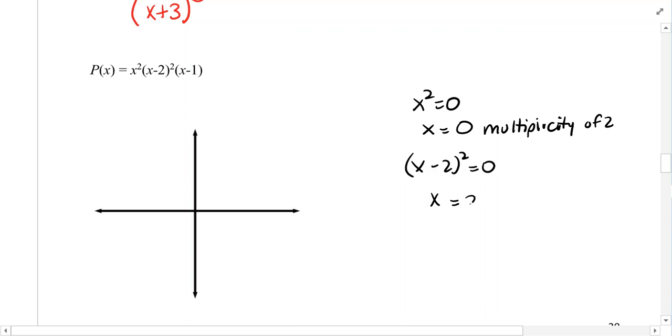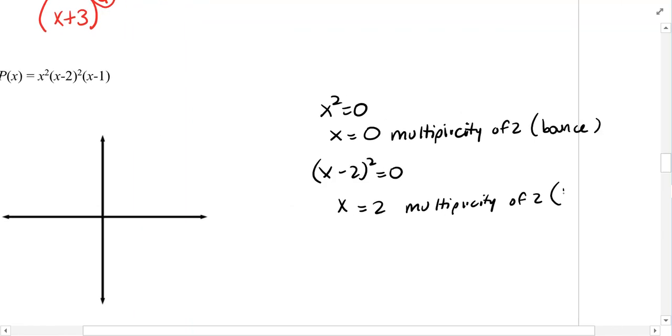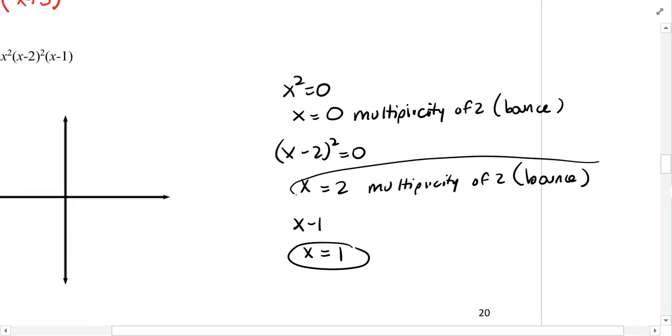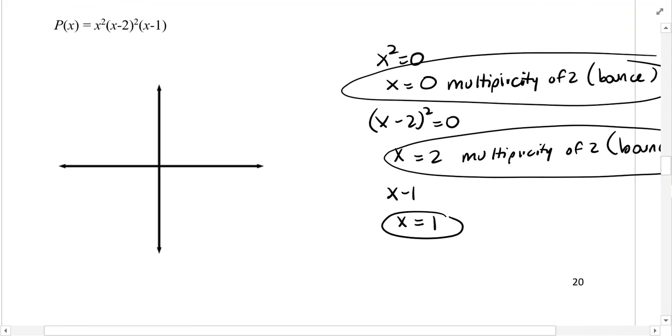Well, that's going to be x equals 2 with a multiplicity of 2. And so again, that even multiplicity is going to tell me that we're bouncing at those values. And then x minus 1, and that's just going to be x equals 1. When it's a single multiplicity or with that power of 1, we don't put a label on it.